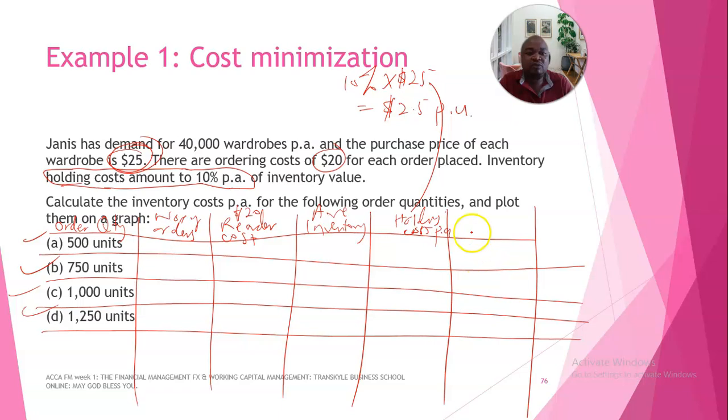And since we have the reorder and holding cost, obviously we are going to have the inventory cost as the final column.